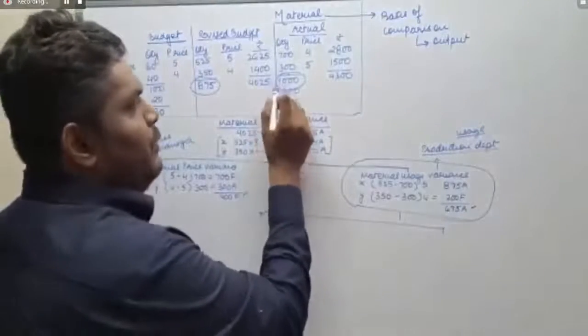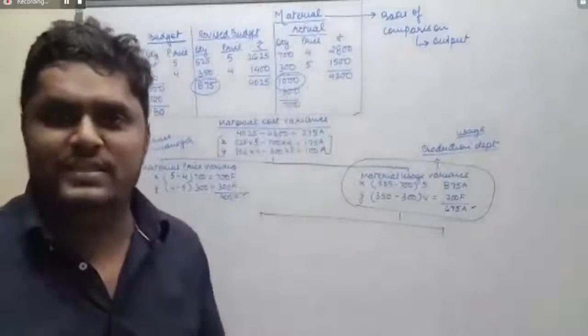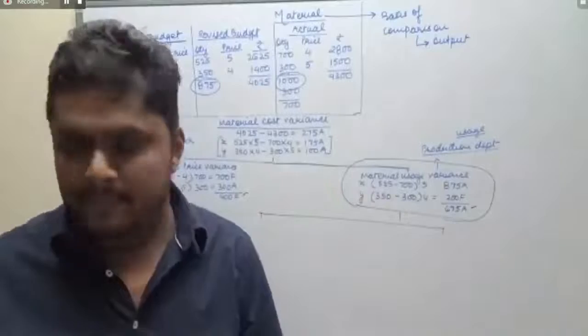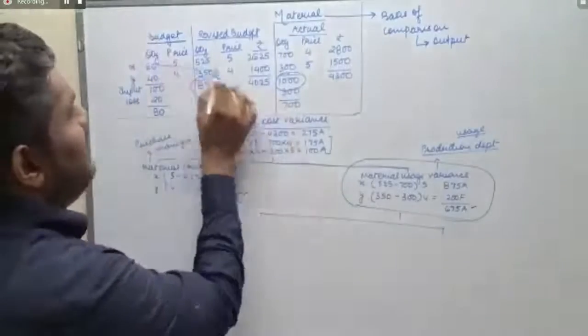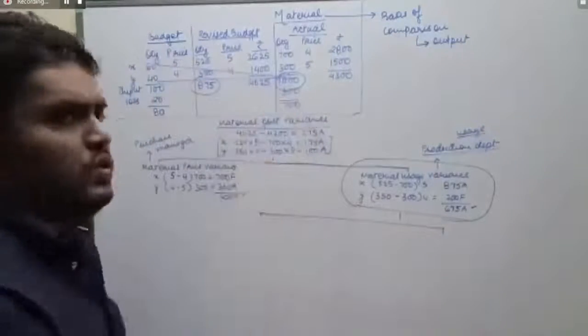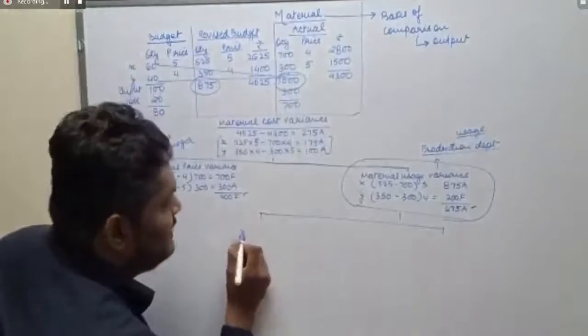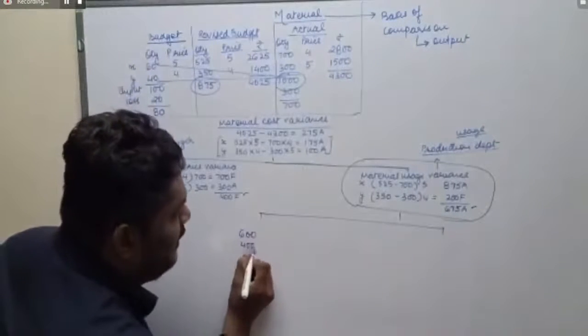Herein the management advised that there should be an overall mix of 60:40. The total input is 1000 kgs, and it should be used in the ratio of 60:40, that is 600:400.